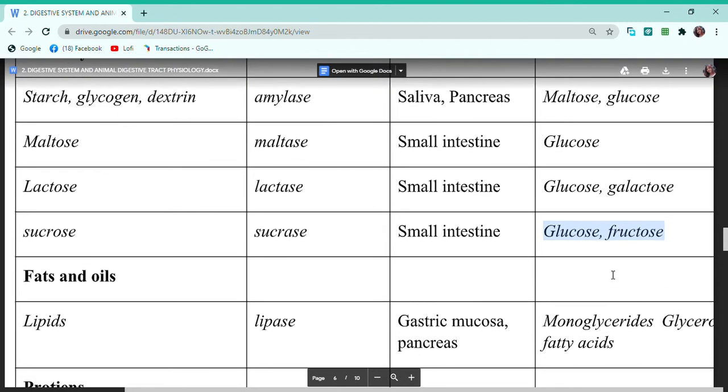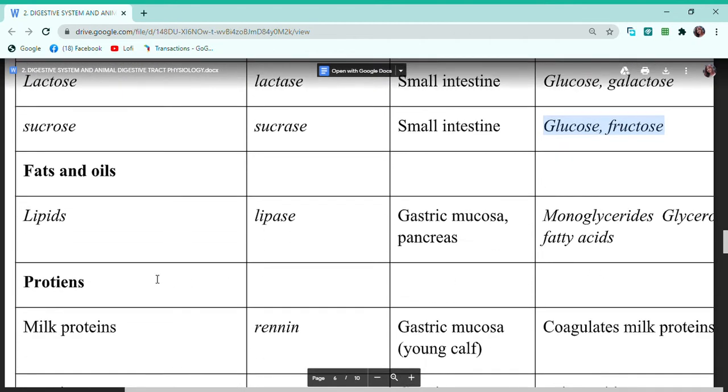Okay? Now, if the substrate is lipid from fats and oils, it will be acted upon by lipase from the pancreas and gastric mucosa, and the product of digestion would be fatty acid or monoglyceride glycerol.